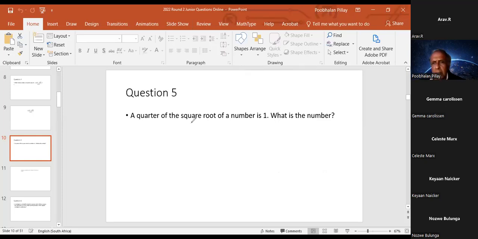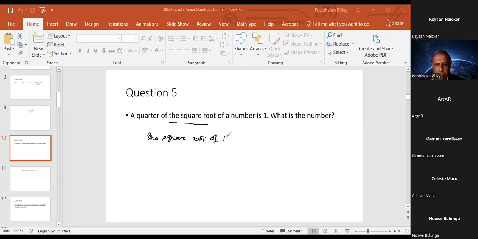Right. A quarter of the square root of a number is 1. What is the number? Right. Now, you have to read this and understand it. A quarter of some number is 1. So, some number being the square root of the number. If a quarter of that number is 1, then that number must have been 4.